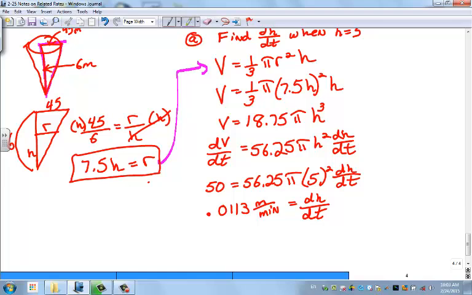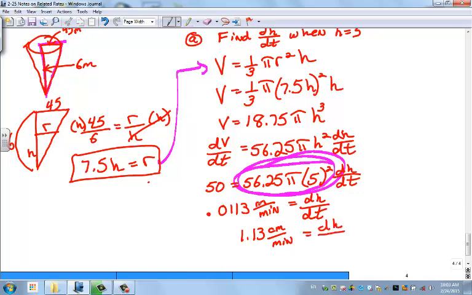I want to save some time, so I don't want to have to write that down. All right, so now what we get finally, it's easier to do this in terms of centimeters, 1.13 centimeters per minute equals dh/dt. So that's the answer to part A of our problem.